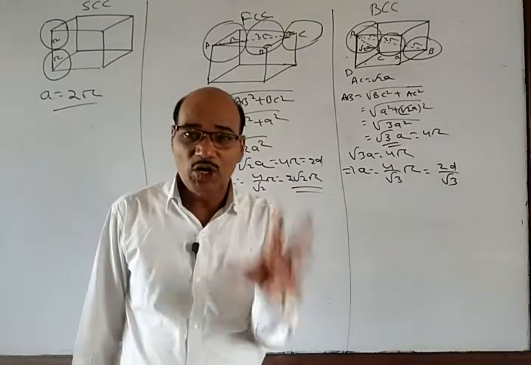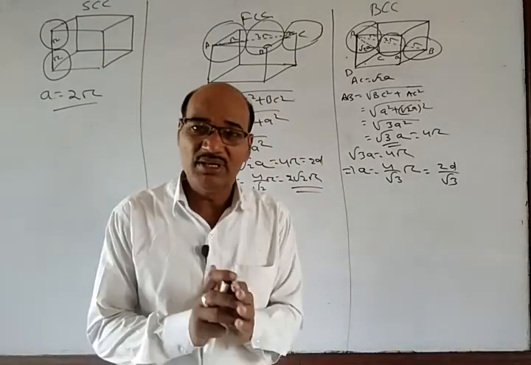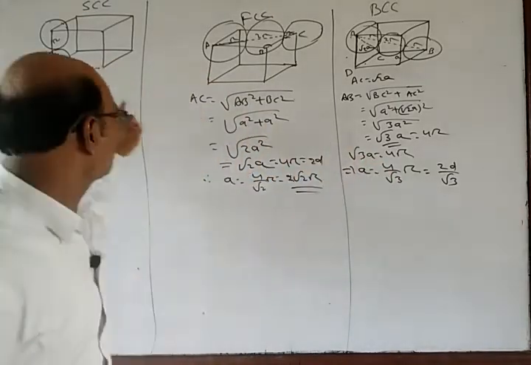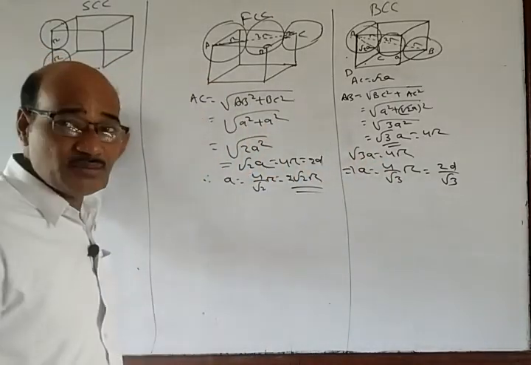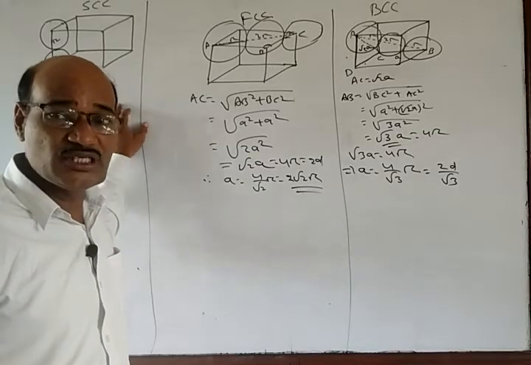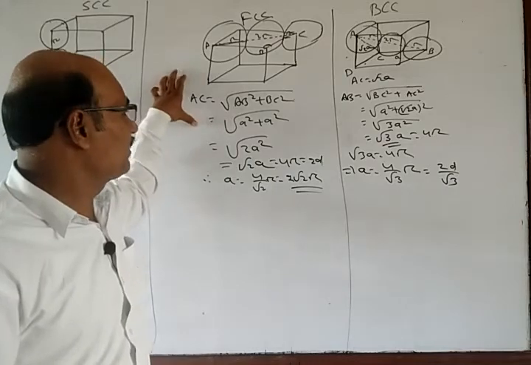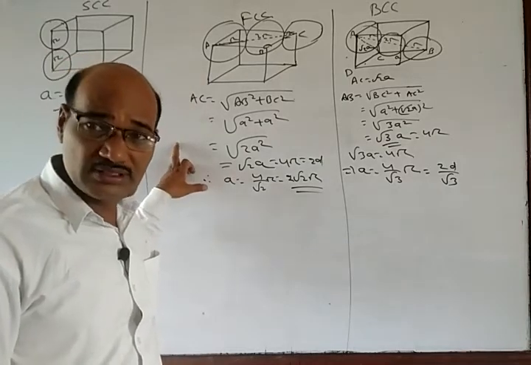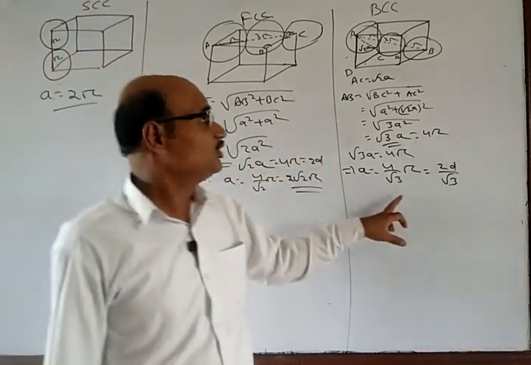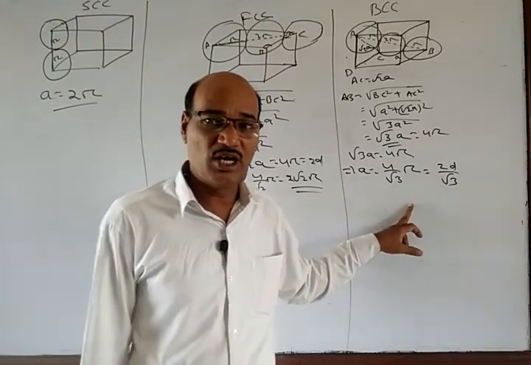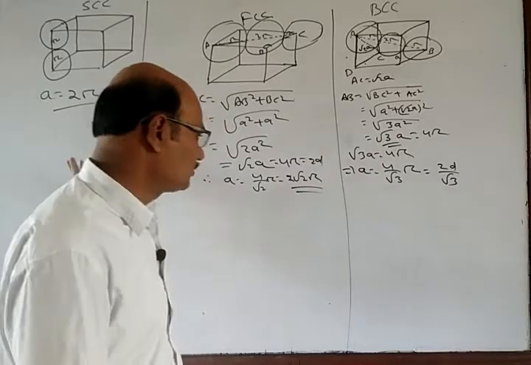So the volume occupied by the atoms will be different in all the 3 cases. In this case we have only one atom, so 4 by 3 pi r cubed is the volume of the atom. And here 4 by 3 pi r cubed into 4 is the volume of atoms. Here 4 by 3 pi r cubed into 2. So the volumes of the space occupied by atoms are different here.